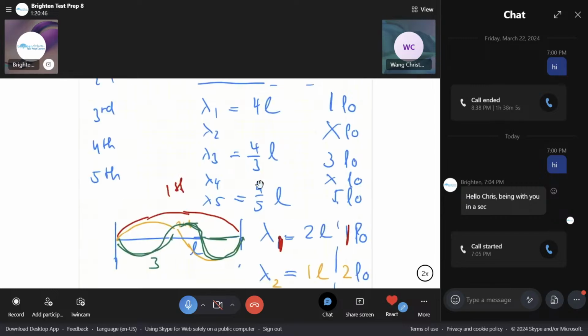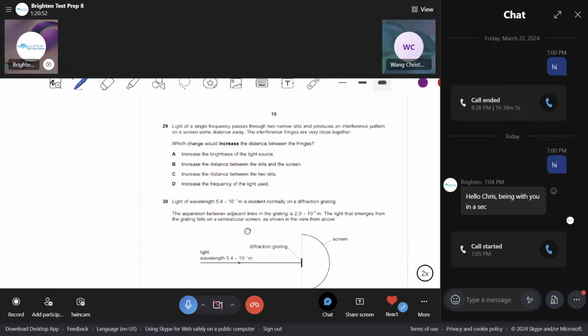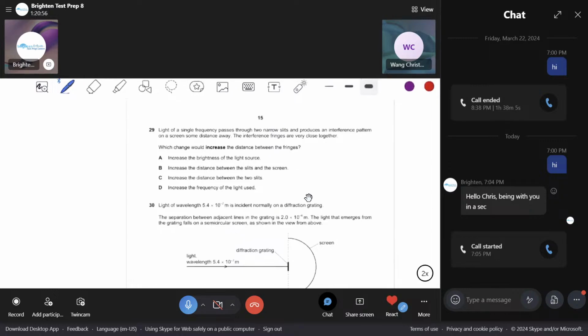Okay, we talk about interference. Two narrow slits, so the two-slit problem. If I want to increase the distance between the fringes, which one? It's a very practical problem actually as well, right? The very obvious one, kind of.